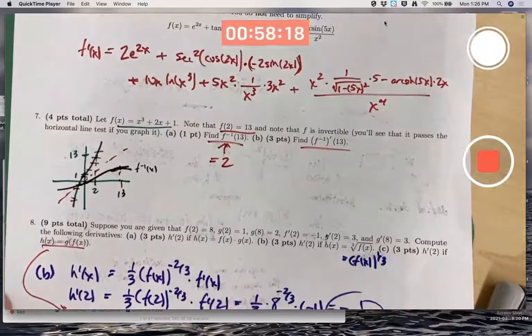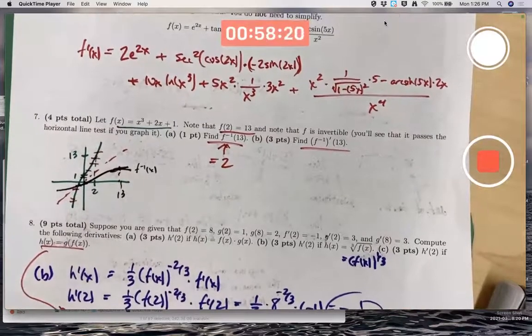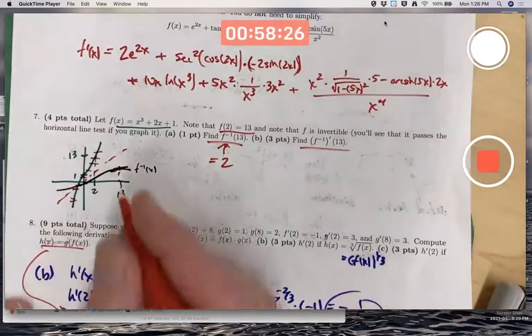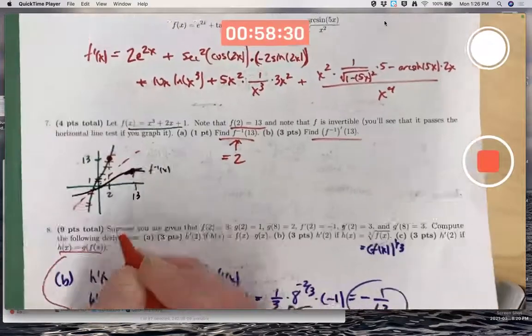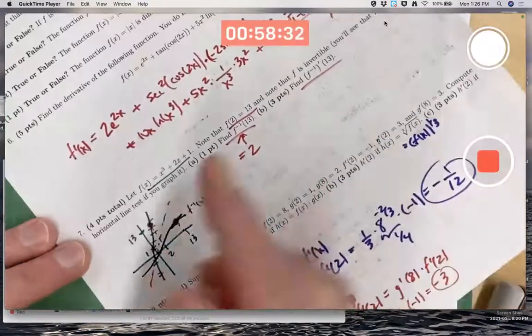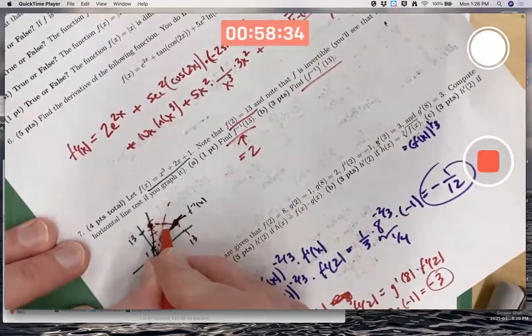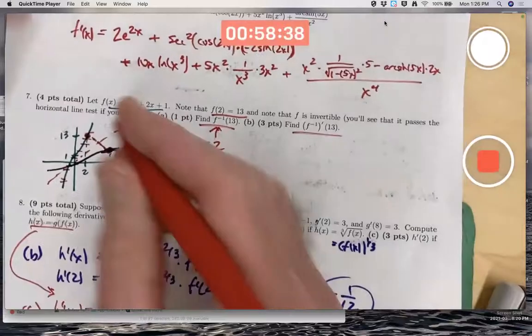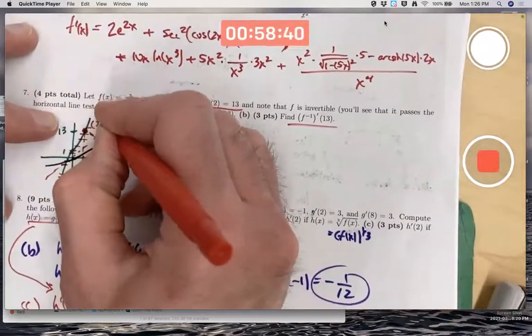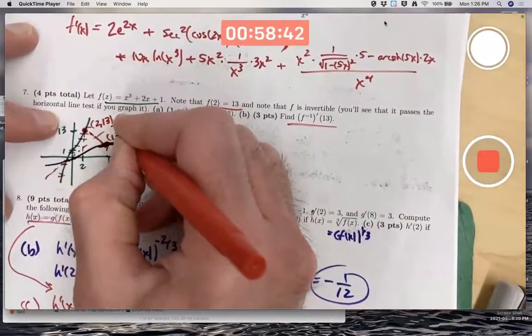So f inverse of 13 is 2. They undo each other. If f maps 2 to 13, then f inverse maps 13 back to 2. Geometrically, these points are reflections across the line y equals x. My picture is not perfect, so it doesn't really look like it. If the coordinates of this point are 2, 13, the coordinates of this point are going to be 13, 2.